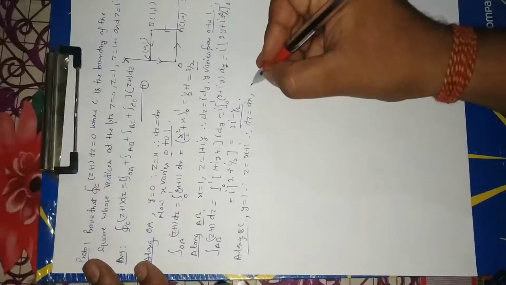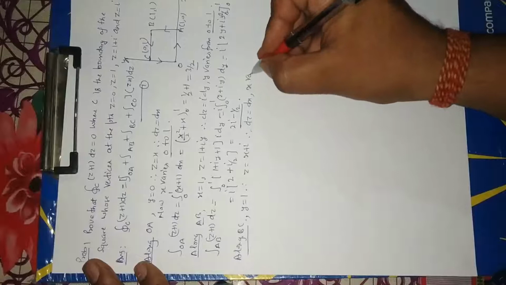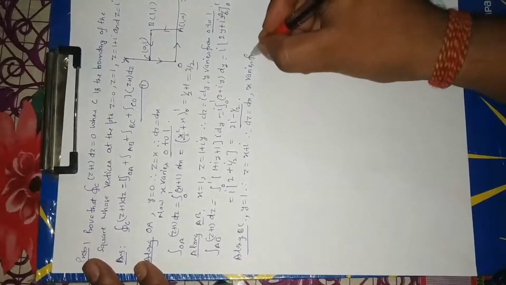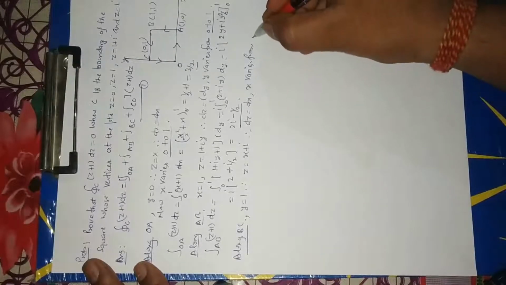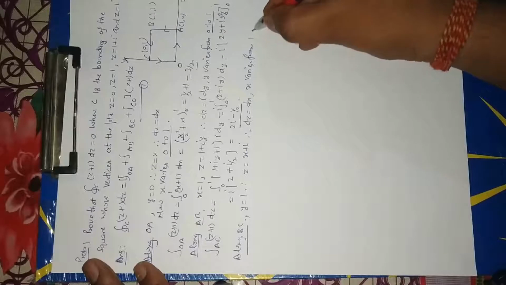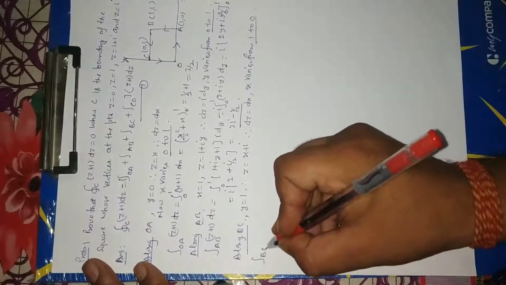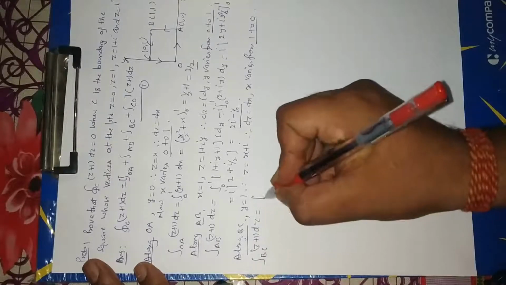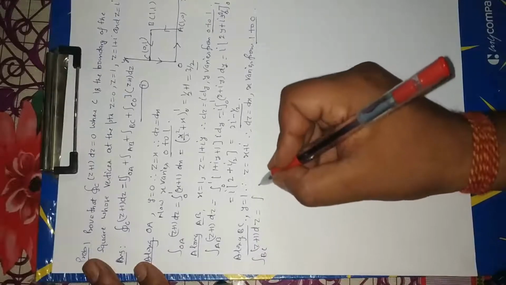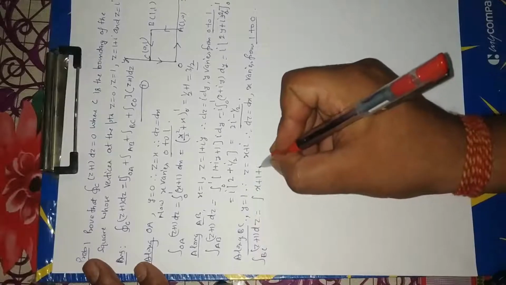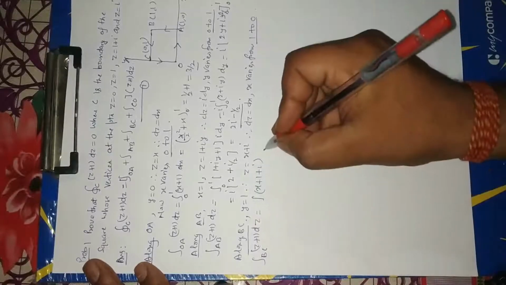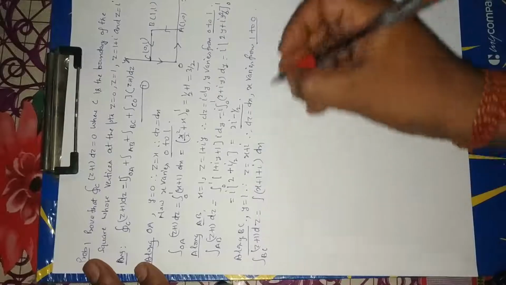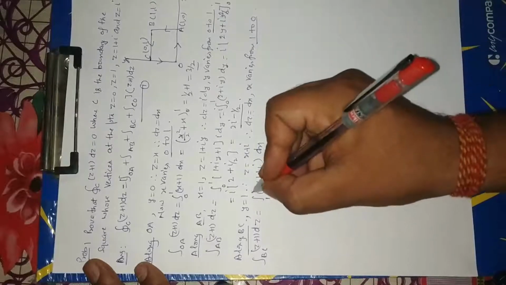In this case x varies from 1 to 0. Now integration over contour BC of z plus 1 dz is equal to the integral of x plus 1 plus i, dz is dx, the limit of x 1 to 0.